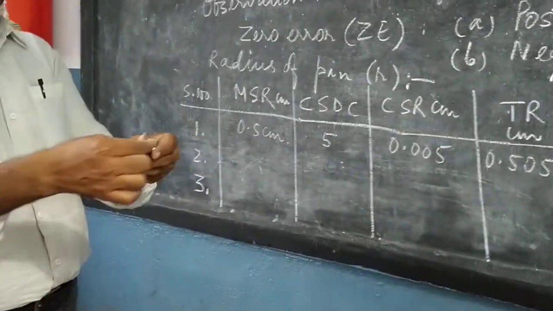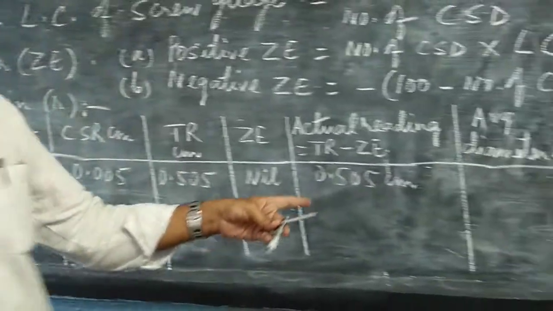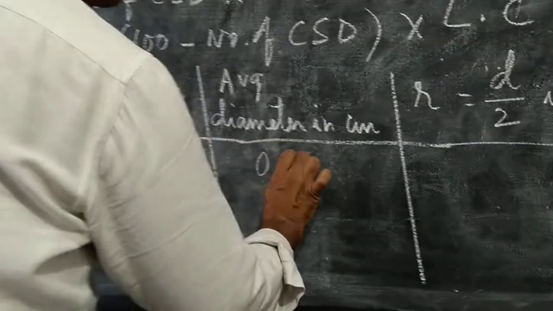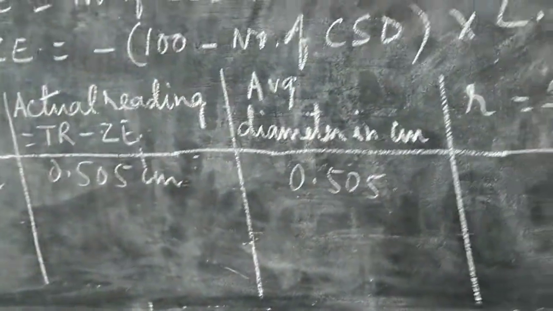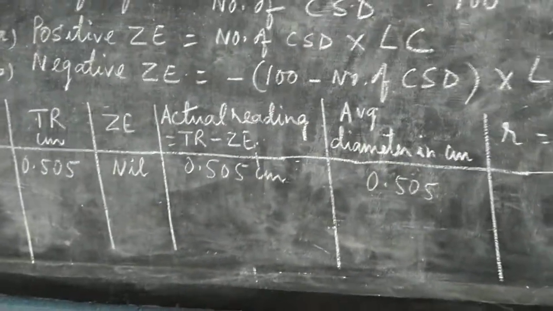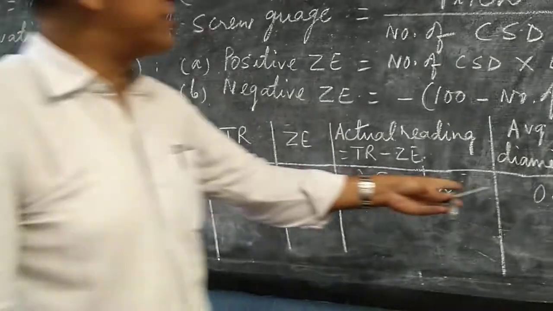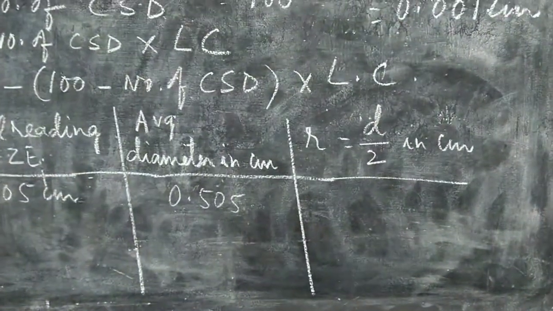Then like this we take 3 readings by turning the pin, and the average of the 3 readings will be the average diameter, that is 0.505. Now we divide this by 2. This will become the radius of the pin.